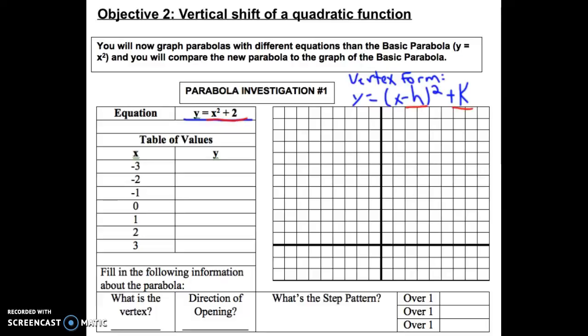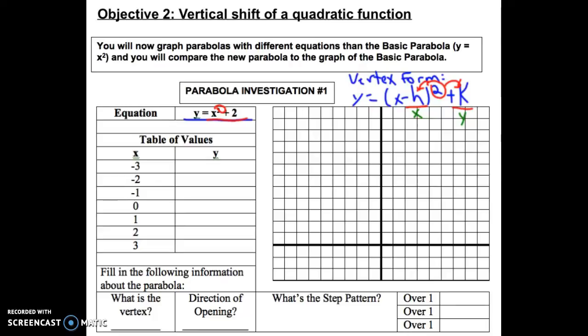In this case, y equals x squared plus 2. You notice h is to the left of the power and k is to the right. So any number that exists to the left of the power is h. And if you remember, h's are the x values, k's are the y values. I know it's confusing with all the different variables, but please just make note of that.